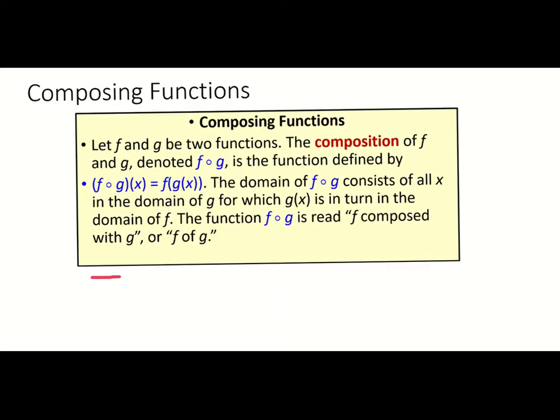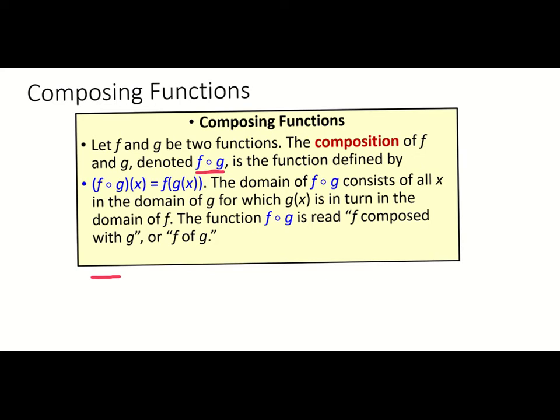Okay. The next thing we're going to look at would be composing functions, or the composition of two functions. And the symbol that they use, instead of like a plus, a minus, or multiplication or division sign, is an open circle between the two functions. So sometimes people call it like fog or goff because it looks like an O between them. It's not. It means the composition of functions.